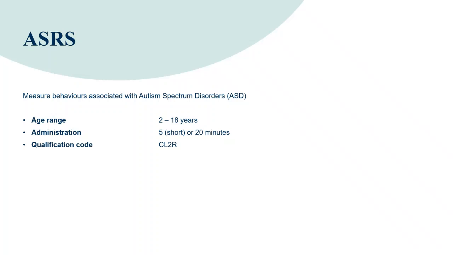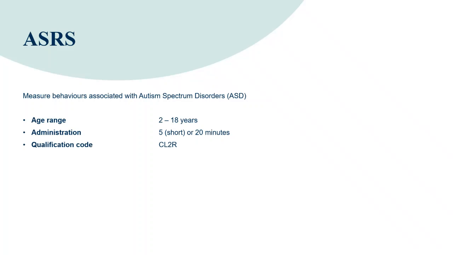And then moving on to our autism assessments, we have the ASRS. This is the Autism Spectrum Rating Scale, and they are a valid, reliable, and carefully crafted tool designed to effectively identify symptoms, behaviours, and associated features of the full range of autism spectrum disorders, or ASDs, in children and adolescents aged 2 to 18 years.